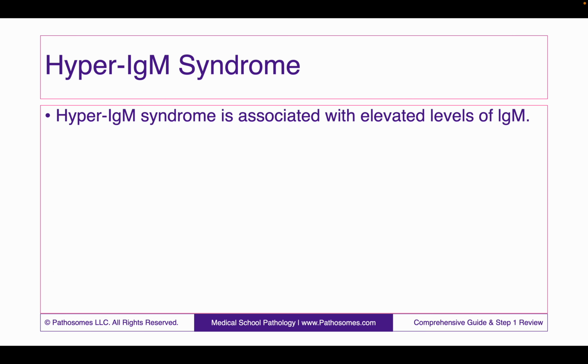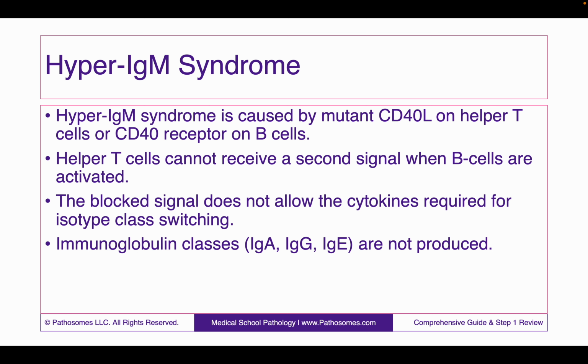Let's move on to hyper IgM syndrome. Hyper IgM syndrome is associated with elevated levels of IgM, right? IgM levels are high. It is caused by mutant CD40 ligand on helper T cells or CD40 receptor on B cells. Helper T cells cannot receive a second signal when B cells are activated. The blocked signal does not allow the cytokines required for isotype class switching.